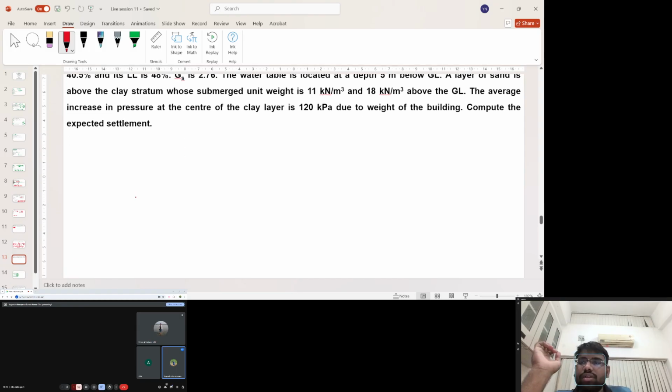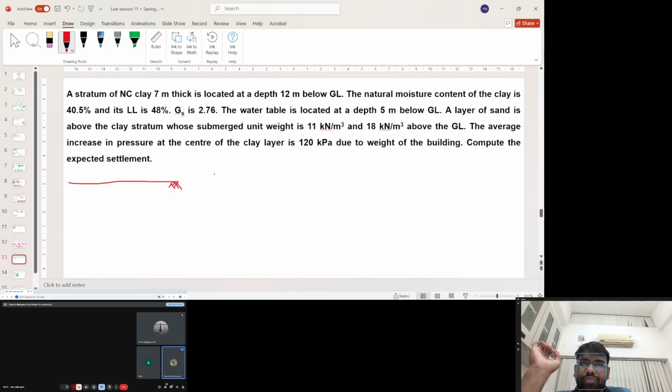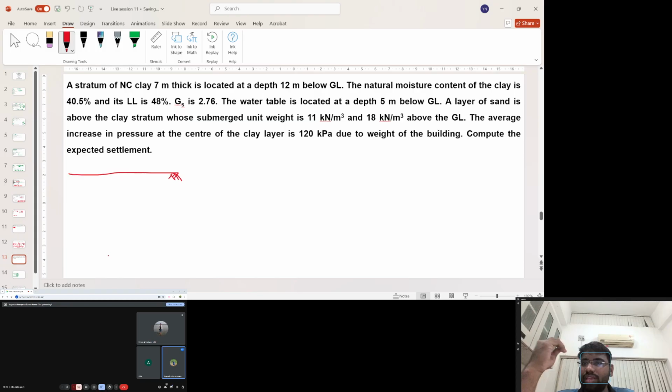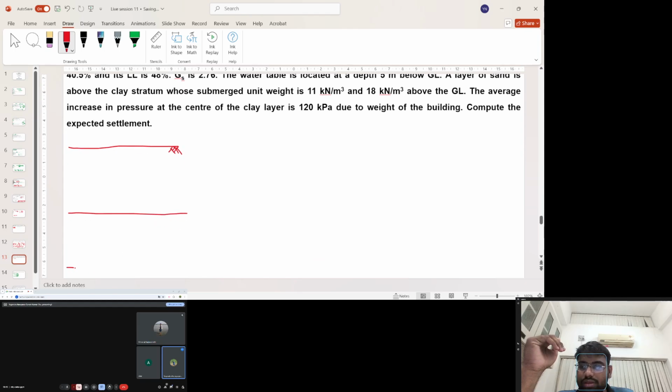Now we will translate this to the diagram. So this is the ground level. Now there is a clay stratum of 7-meter which lies at 12-meter. So that means it has 12-meter of sand above it. 12-meter, this is 7 meters.